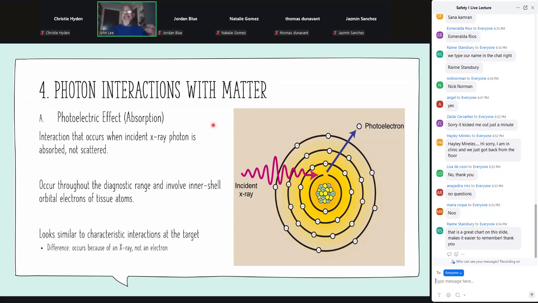It takes all of that initial photon's energy to knock that electron out of its orbit. So now this X-ray energy has been turned into kinetic energy minus the binding energy. All right. So now we don't have any X-rays. There's nothing. It's complete absorption of the incident X-ray.